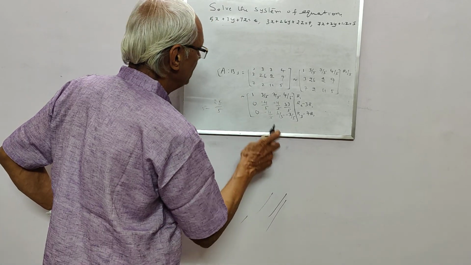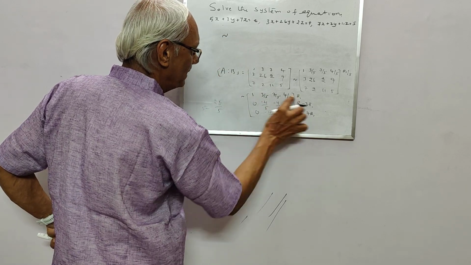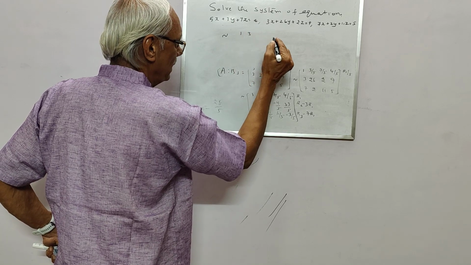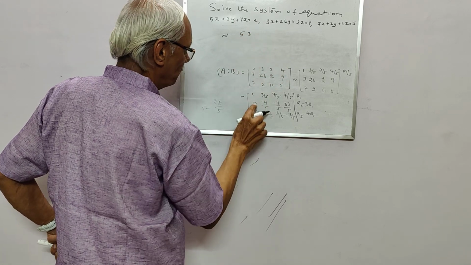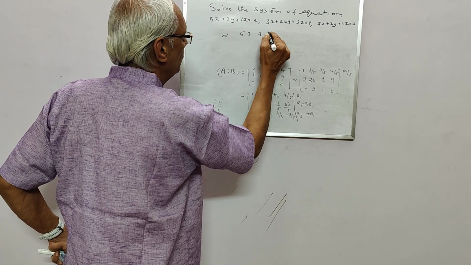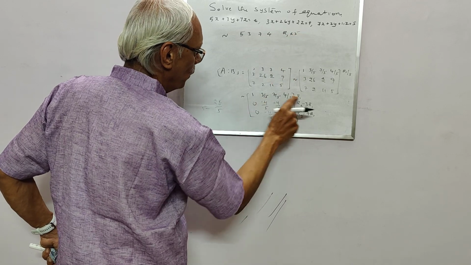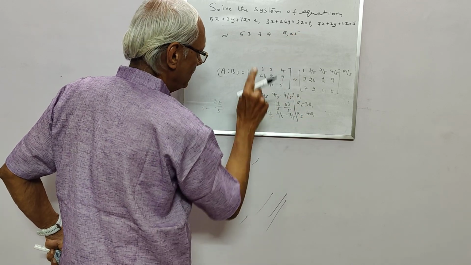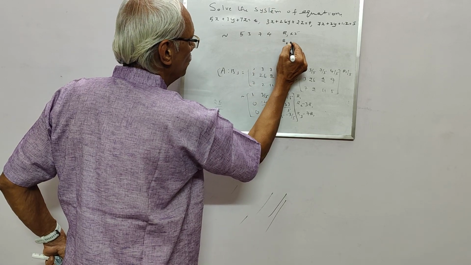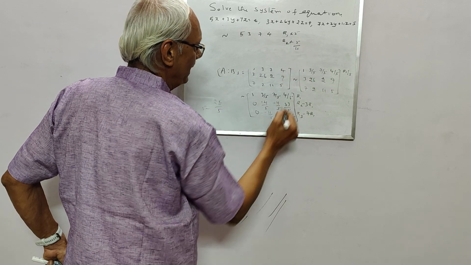After finding this, this can be written as, see, R1 multiplied by 5. So we will get 5, 3, 7 and 4, R1 multiplied by 5. Then the second one is R2, you multiply it by 5 and divide it by 11.